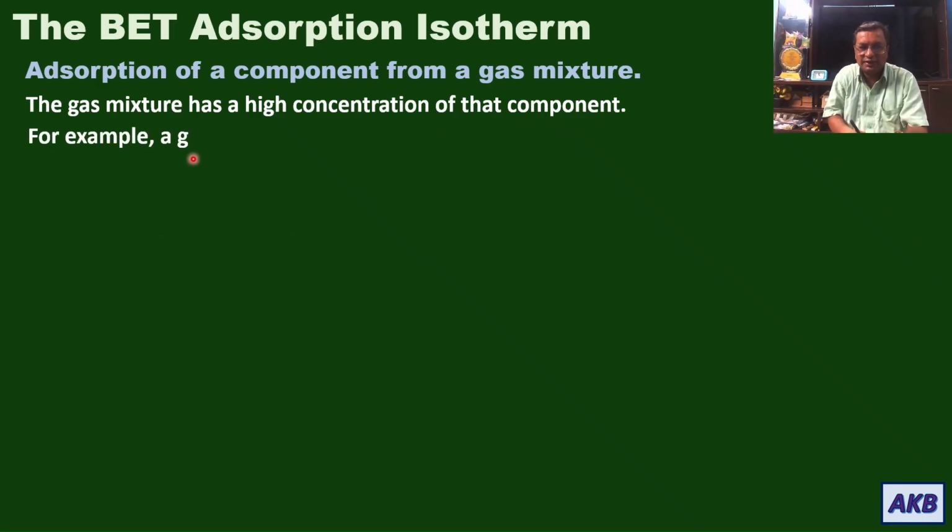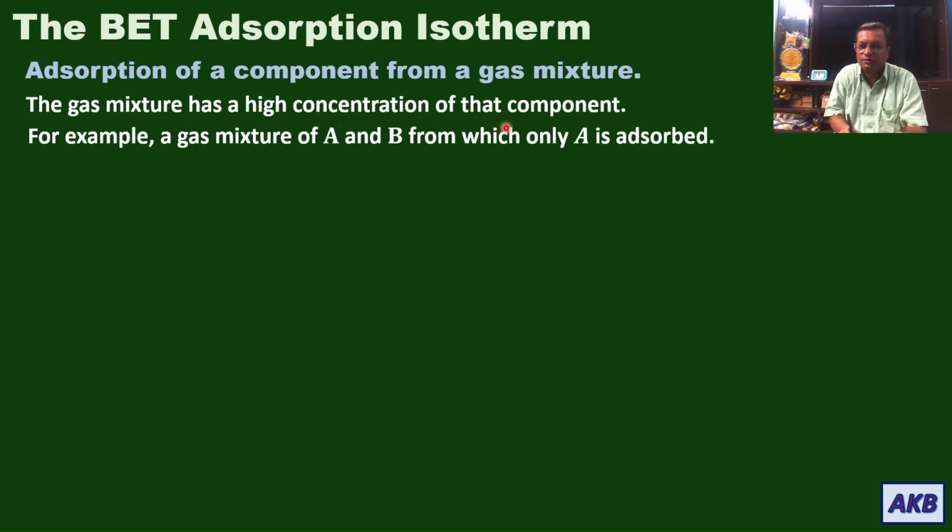So we are considering a case of a gas mixture which has a high concentration of the component that is getting adsorbed. For example, let us consider a gas mixture of A and B from which only A is adsorbed, whereas B is not adsorbed.